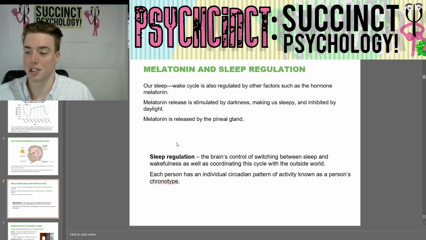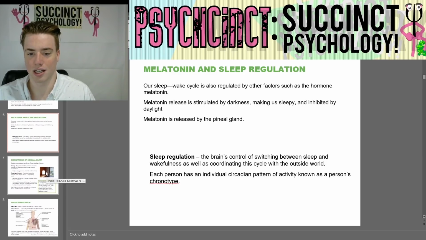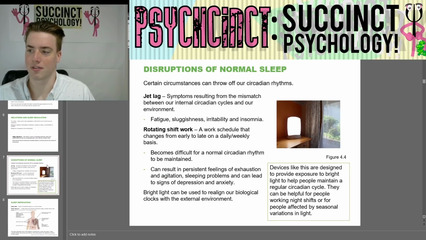Sleep regulation is the brain's control of switching between sleep and wakefulness, as well as coordinating this cycle with the outside world. Each person has an individual circadian pattern of activity known as a person's chronotype. You can remember that as chrono, time. I think that's the Greek prefix for it, but anyways, I could be wrong.